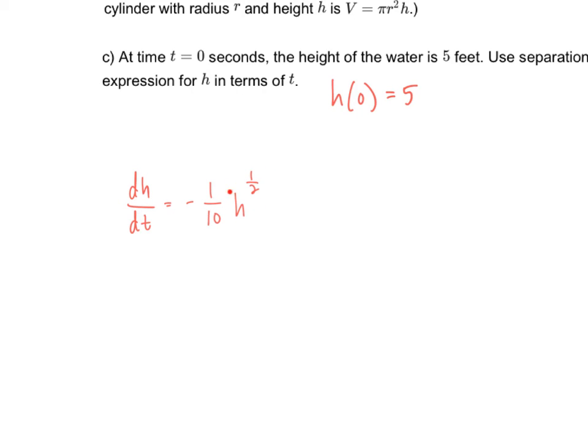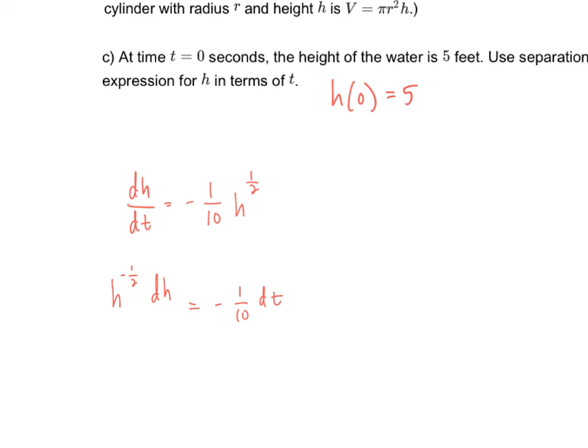So we'll divide by h to the 1/2, which ends up being h to the negative 1/2, and then multiply by dt to bring it over here. This will be negative 1/10 dt. Now we've separated the variables, with the h's on one side and the t's on the other.